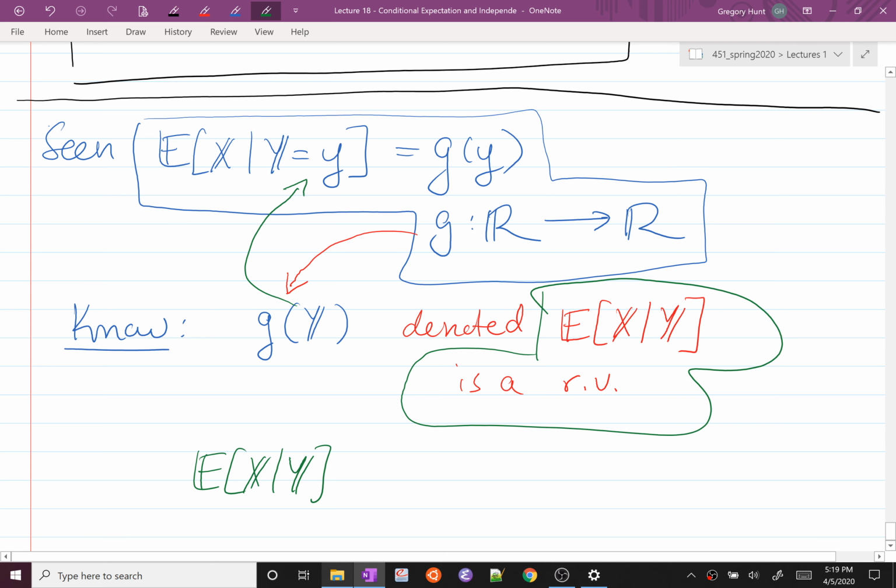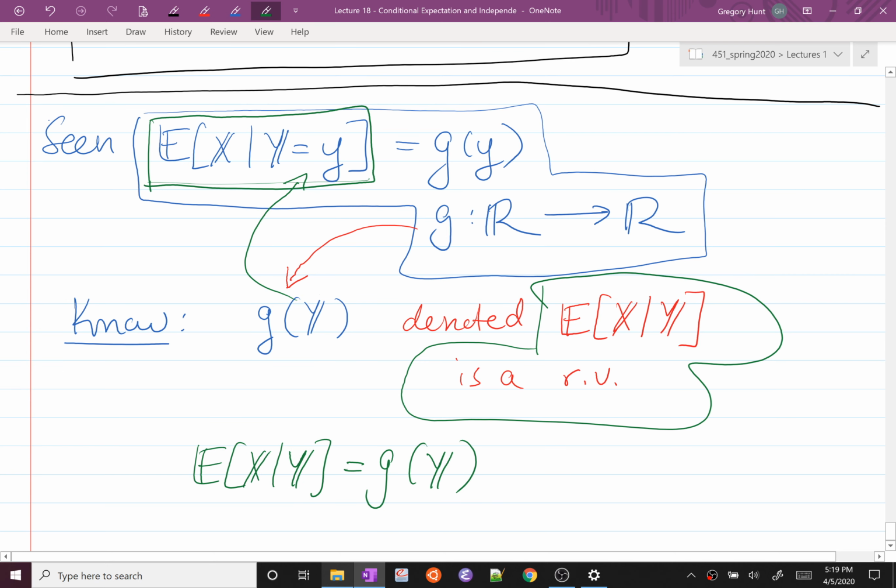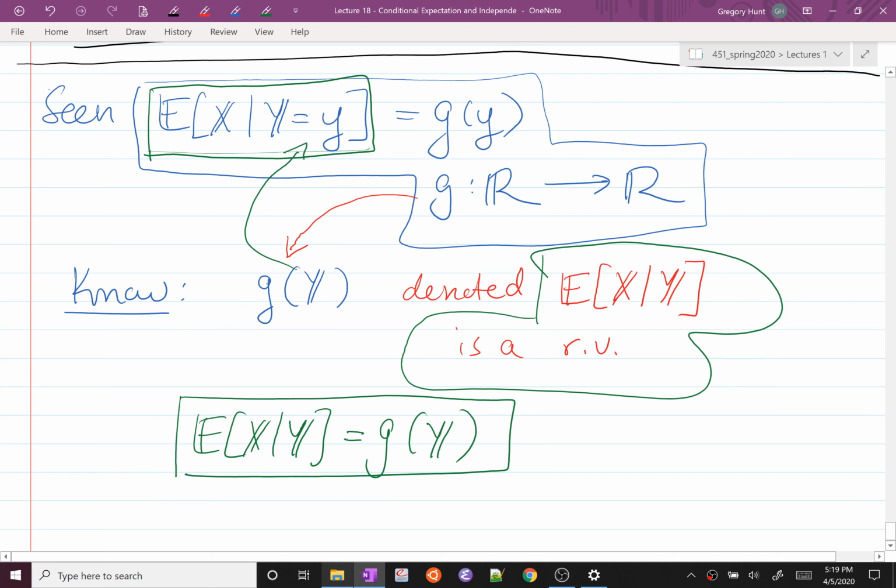It gives us a valid random variable. If both of them are capital letters, that's a random variable, whereas the expected value of X given Y equal to little y is just a number. So since this is a random variable, we can get its expectation. And we could say, what is the expected value of this thing?